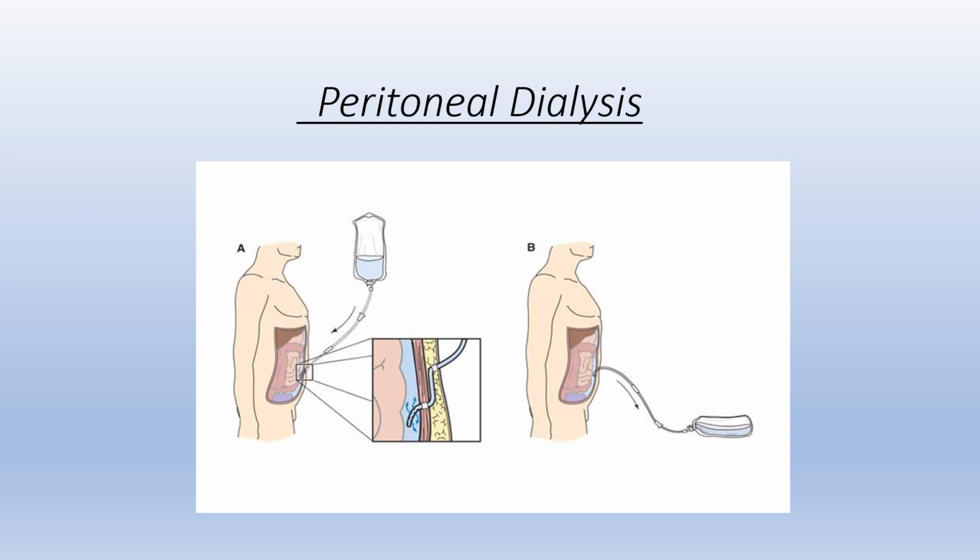Solute removal: hemodialysis and peritoneal dialysis use the principles of osmosis and diffusion, which require dialysate solution. Cardiovascular effects: hemodialysis may cause hypotension, which is a risk for unstable patients. Peritoneal dialysis has few cardiovascular effects.